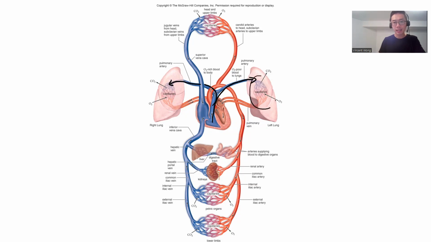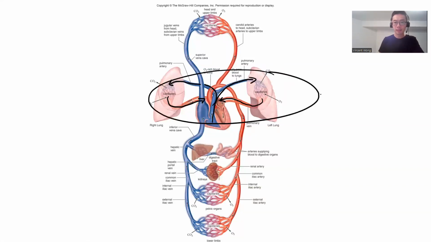And then you see at the lungs, it goes from blue to red, right? And then it goes back like that. Okay. So what I have in the picture there, this part, that's the pulmonary circuit. Okay.